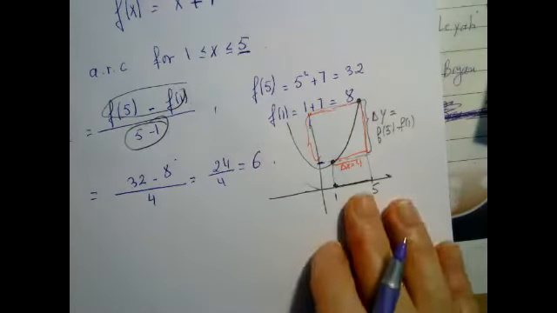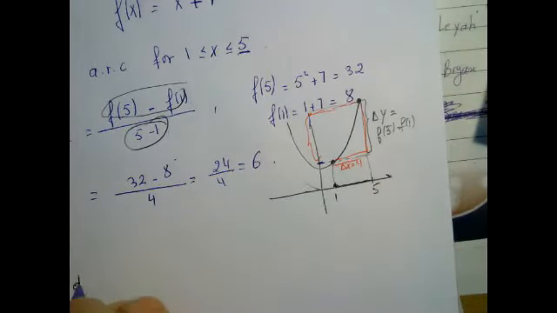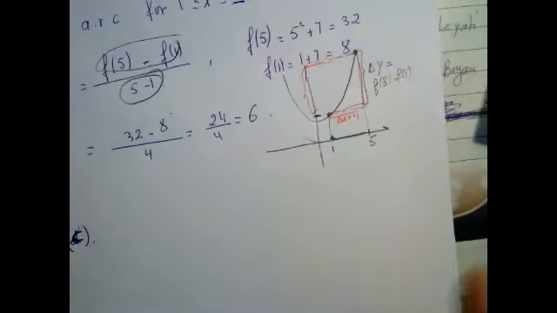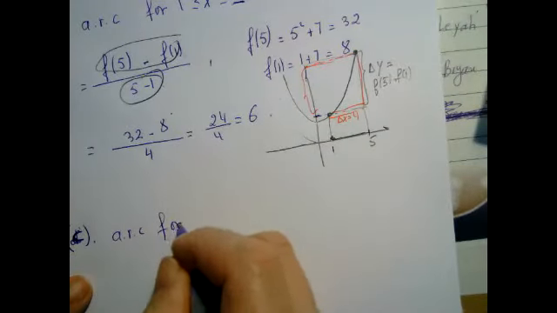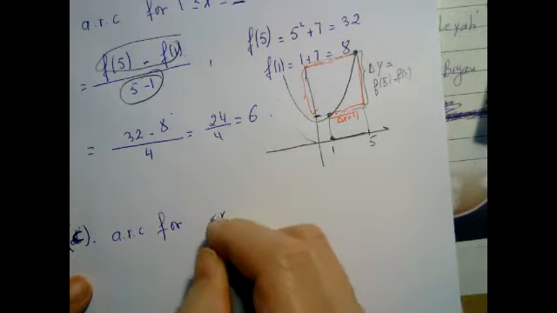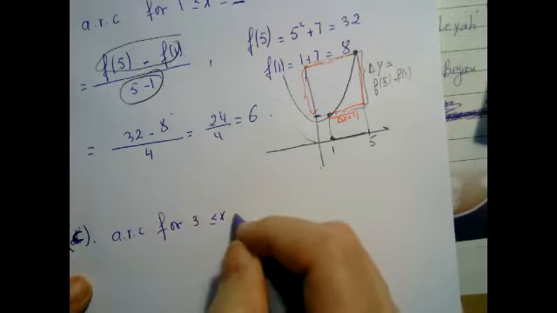Now, I will pick, for example, number D. Or actually, I will take C because it's now symbolic. C is the following. Find the average rate of change for x between 3 and t.